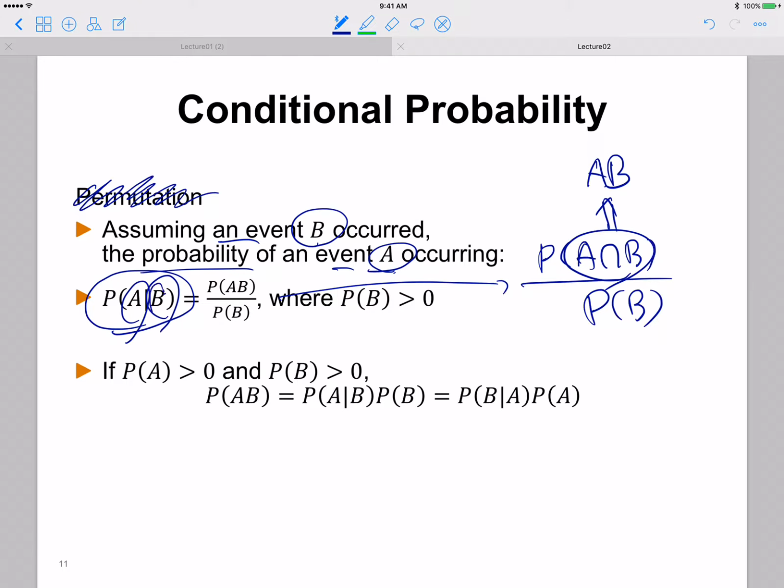Since we assumed B already occurred, in order to have the event A also occurring, we need to consider only the intersection of these two events, consider its probability, and then divide it by the original probability of event B. So it's quite easy, right?